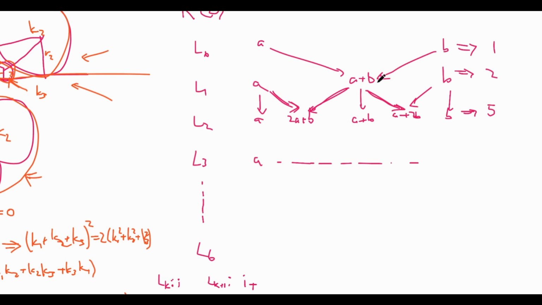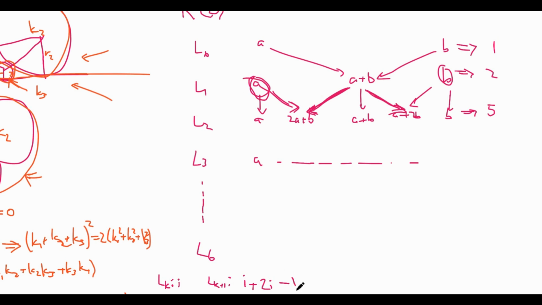In particular, every single term in L sub k is added once to a number on the left and once to a number on the right, which means that every single number on L sub k is added twice, except for the endpoints, which are A and B. B we don't really care about because we're just considering the coefficients of A, but A we do care about, since if we add the coefficients of L sub k twice, one for adding to the left, one for adding to the right, then we have overcounted this by one time.